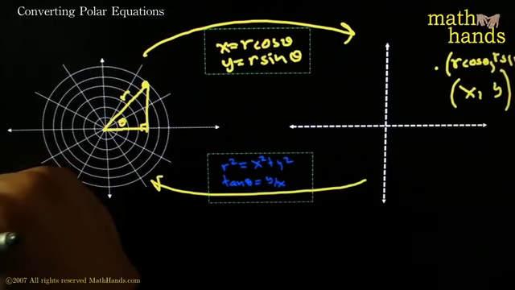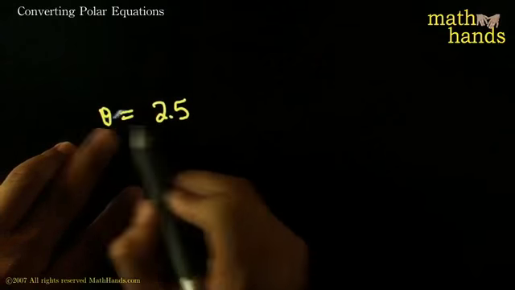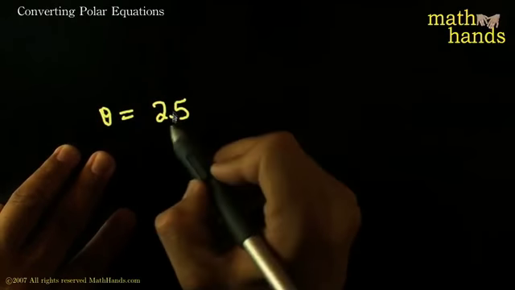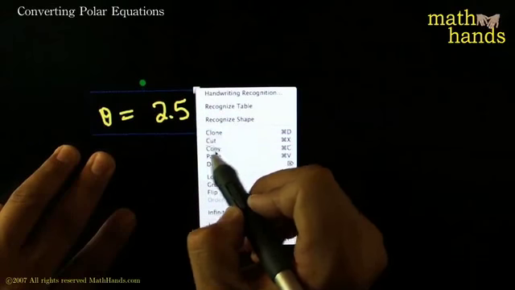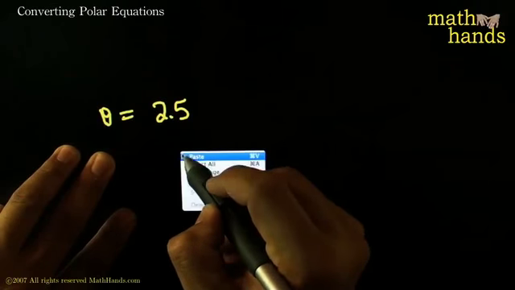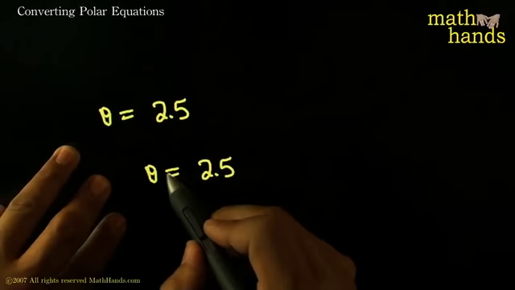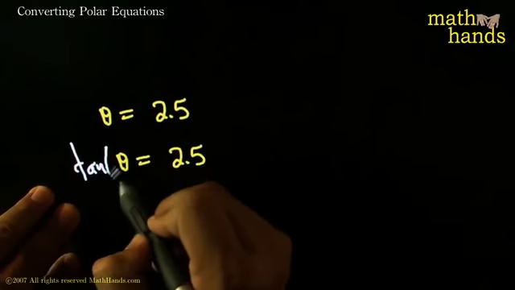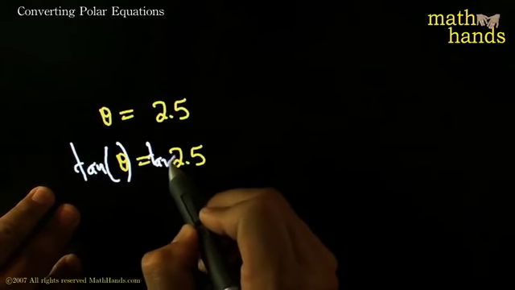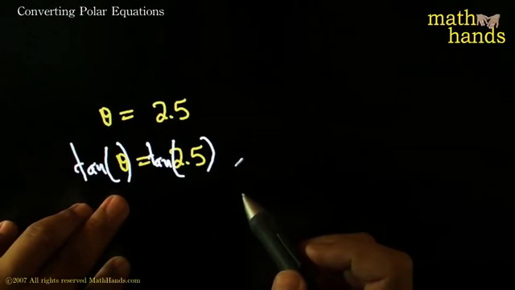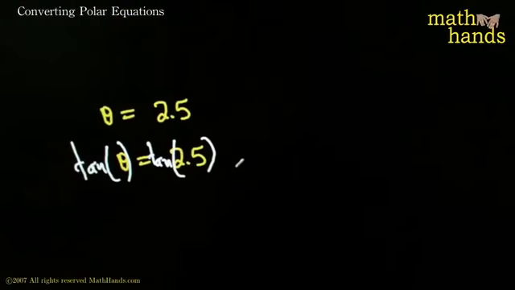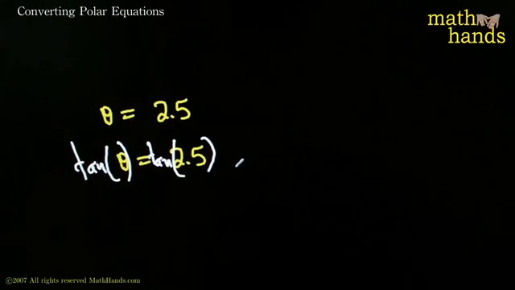So then we could play this game. You say, hey, if theta is equal to 2.5, then that would mean that tangent theta would be equal to tangent of 2.5. Yes or no? Stop me if I'm lying.